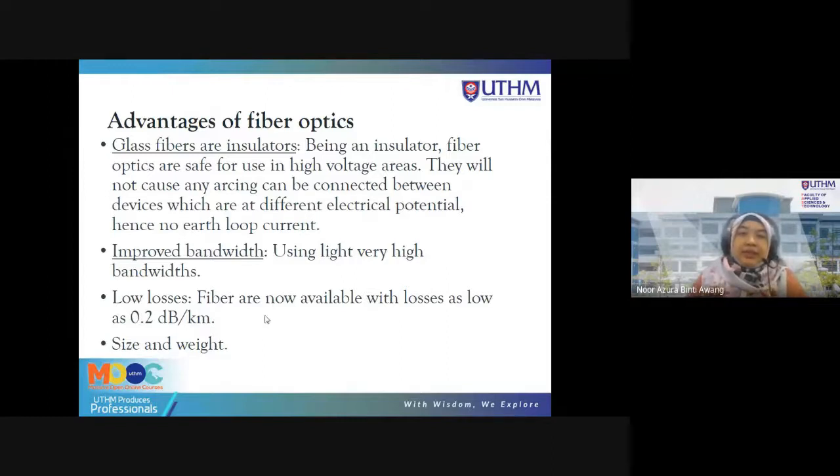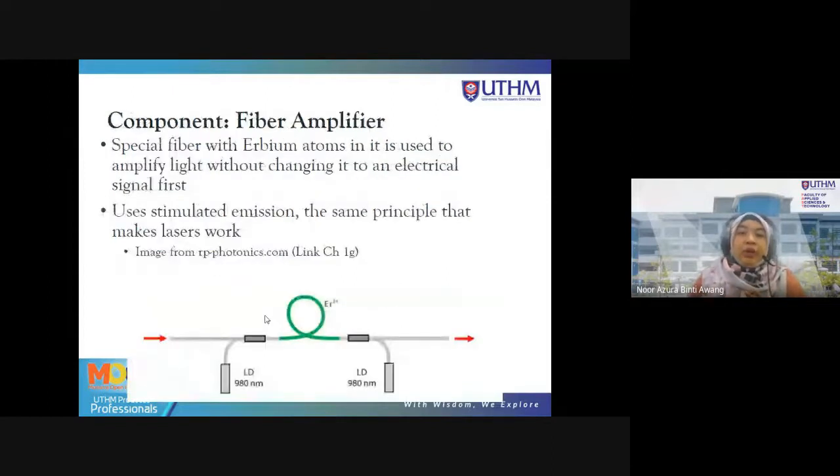Another component we need inside the system is the repeater, or sometimes a fiber amplifier. A special fiber with erbium is used to amplify light without changing it into an electrical signal first. It uses stimulated emission, the same principle that makes a laser work.